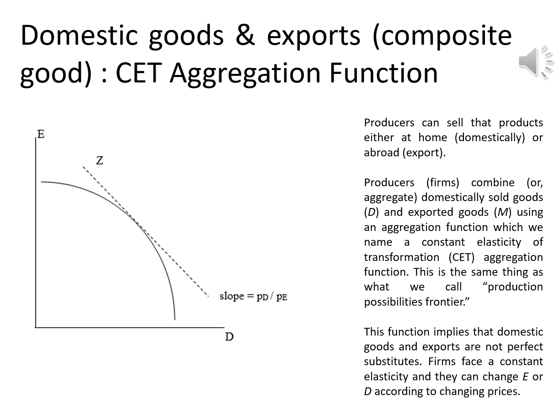Now you see that we have here a CET aggregation function. If you look at the CET aggregation function, you will see that there will be exports and domestic goods on the axis, and what you see there is something like the CES Armington function. We have relative prices of exports and domestic goods, and we have the relative prices and quantities on the axis.